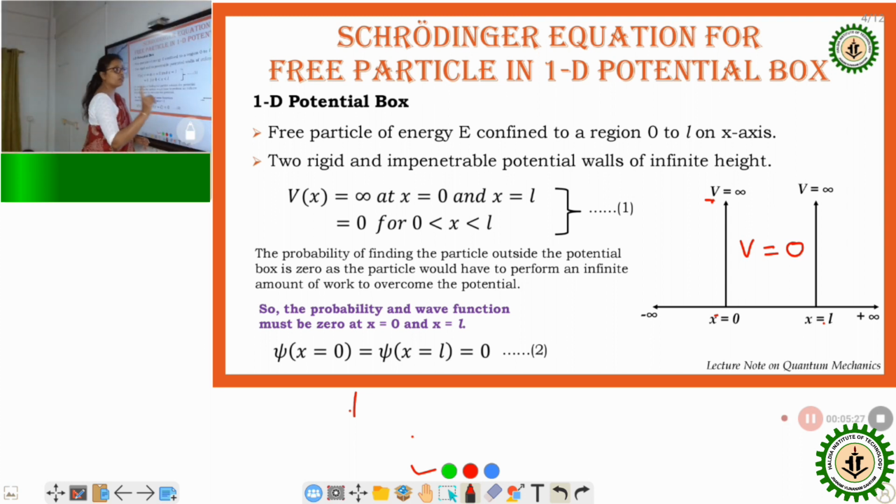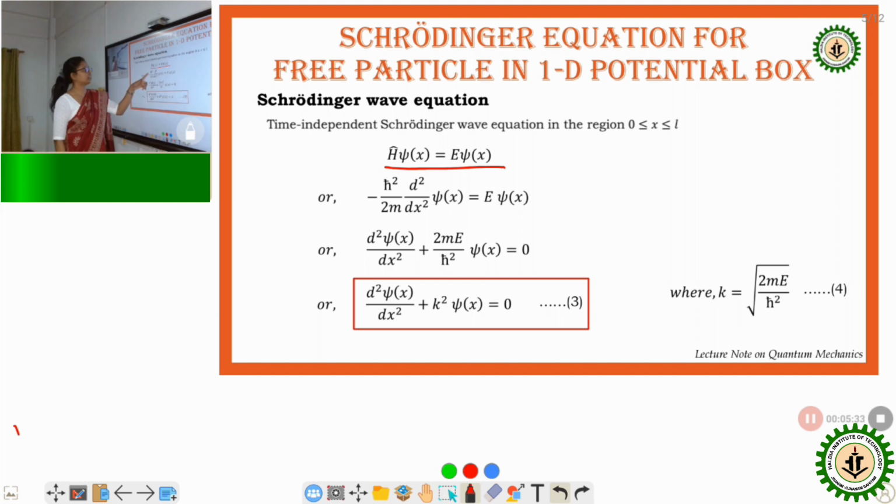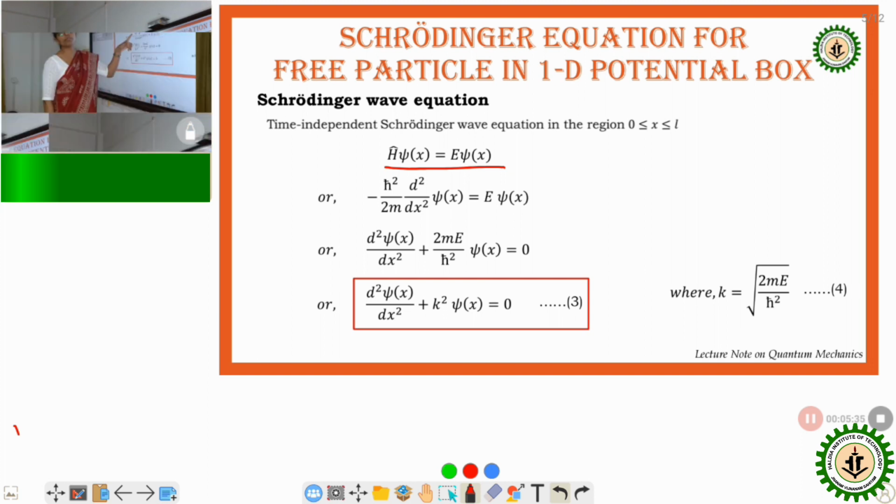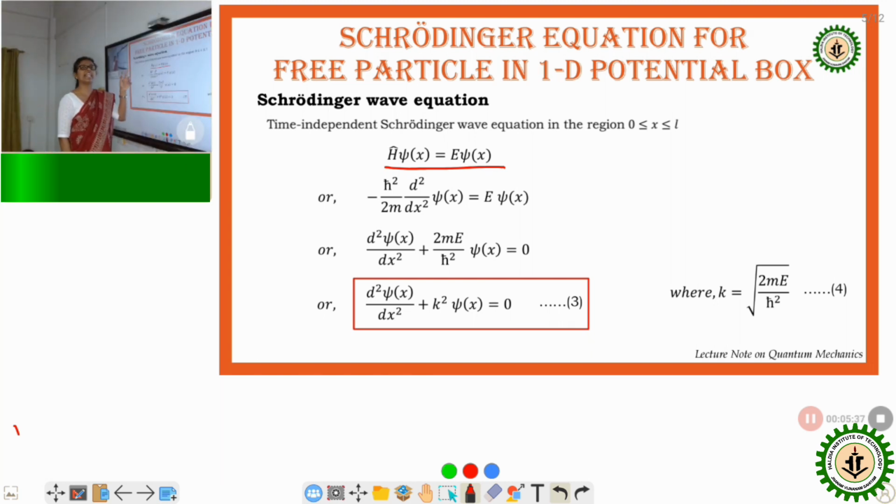So if you want to use the Schrodinger equation within the well, you have to take only kinetic energy. So this is the kinetic energy, minus i h cut del by del x. So p square by 2m is operated on psi of x, it is equal to E psi of x.